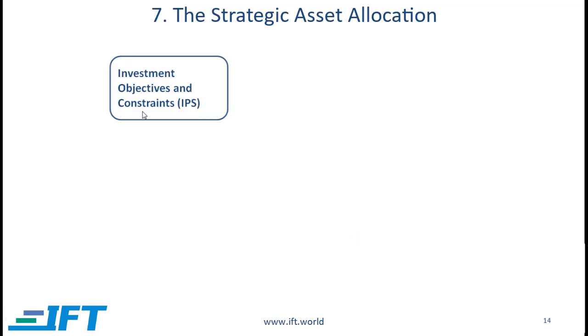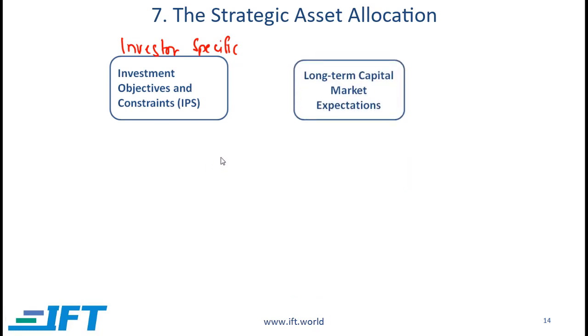The investment objectives and constraints that we have talked about so far are all investor specific. Before we can do a strategic asset allocation, we also need to have a view on capital markets. We therefore need to define the long-term capital market expectations.